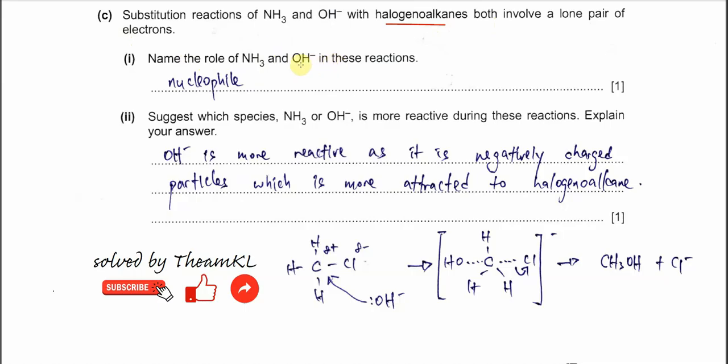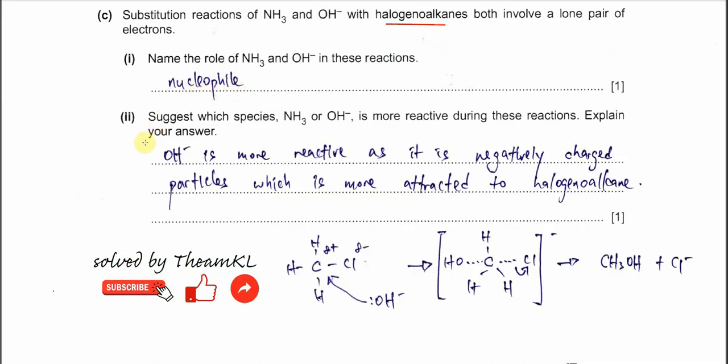So because ammonia and hydroxide have lone pairs and are electron rich, we say that these two species are nucleophiles. So a nucleophile is always a species with a lone pair or with more electrons, right? Which can donate to others, especially electrophiles.